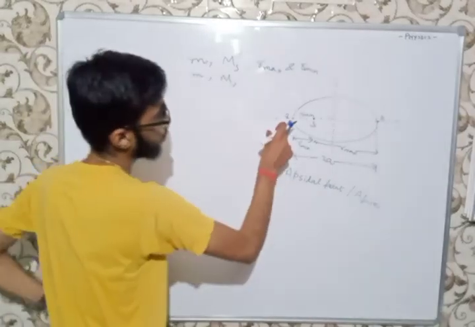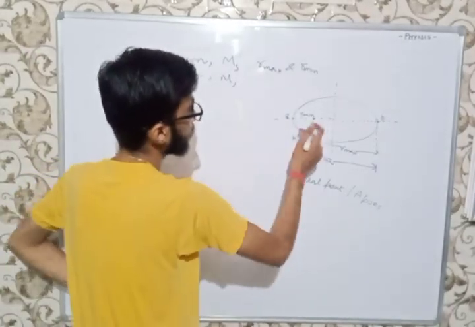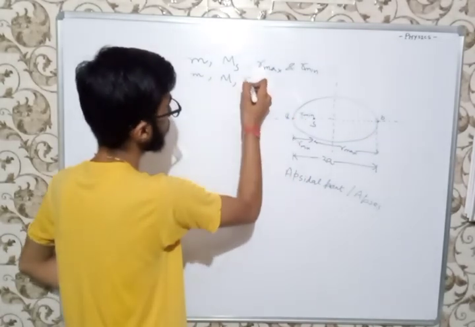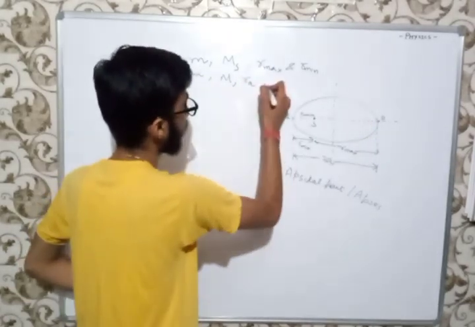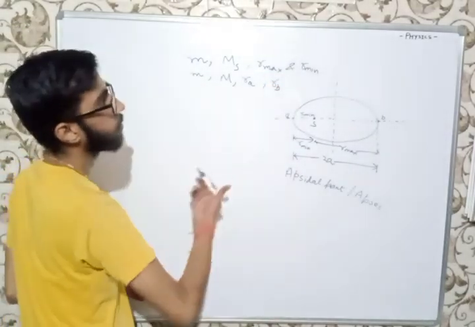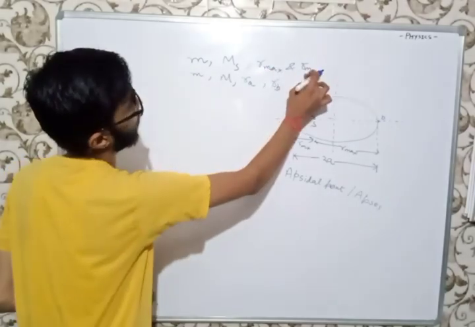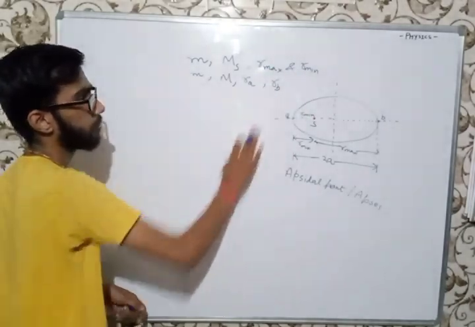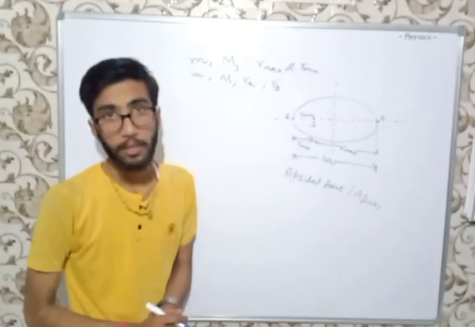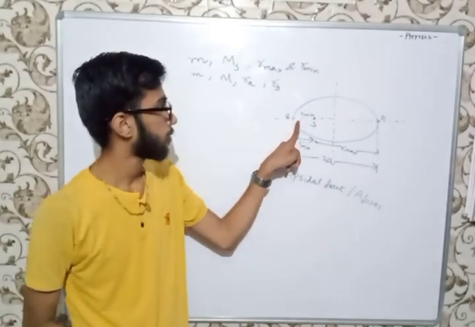So say this point is A, this point is B. I will call this distance R_A and this R_B, because it is not convenient for me to write complete r max, r min, so I will simply write R_A, R_B. I have to calculate the angular momentum of the planet.